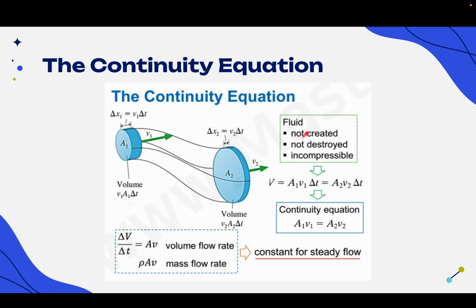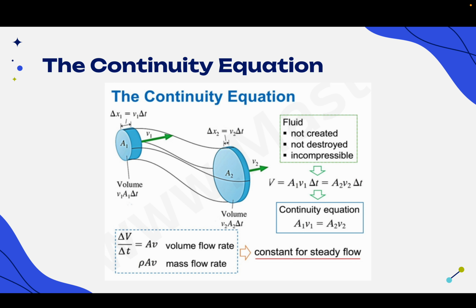And since fluid is not created or destroyed, in the same interval of time, so let's say 0.5 seconds, the amount of fluid that passes through this section in 0.5 seconds and the amount of fluid that passes through this section in 0.5 seconds should be the same, since fluid is not created, not destroyed, and incompressible.